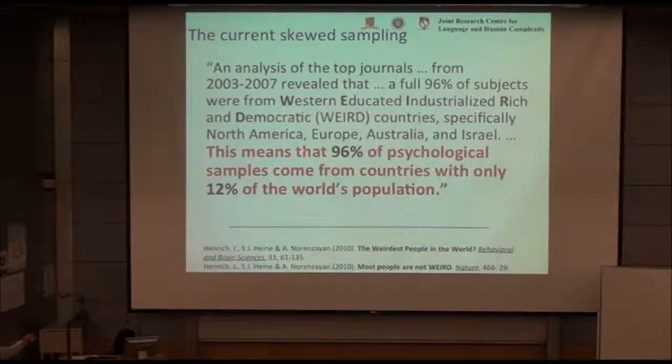Specifically, North America, Europe, Australia, Israel, etc. And this means that 96% of psychological samples come from countries with only 12% of the world's population. So the psychological models based on such populations cannot be generalized to the world's population.